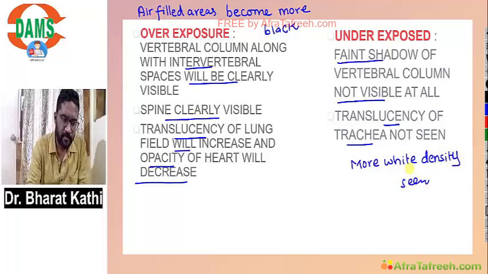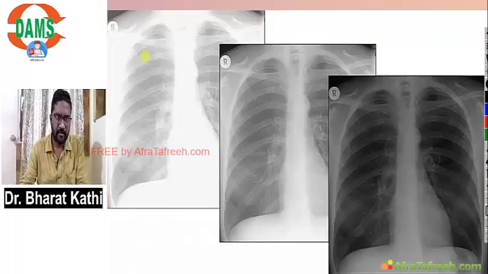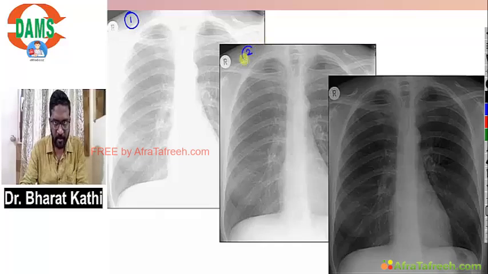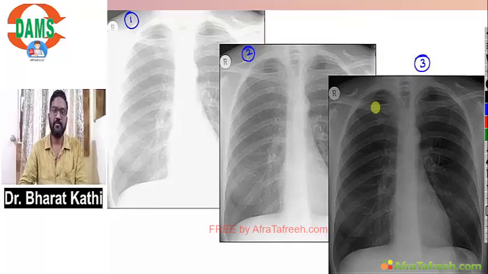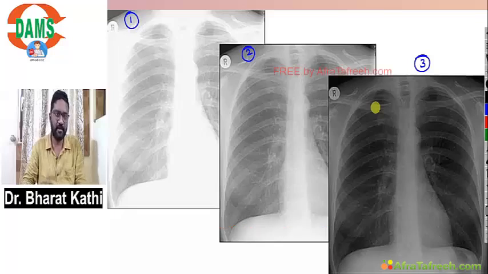Now I'll give you 3 X-rays. So this is number 1, this is number 2, this is number 3. You tell me which is overexposed, which is underexposed, which is adequately exposed.